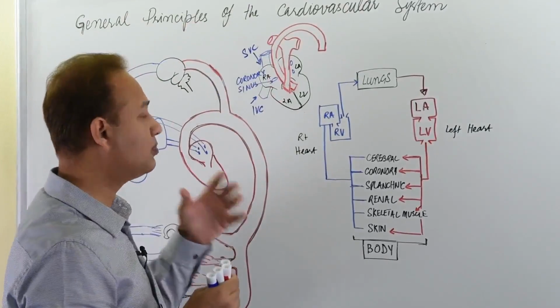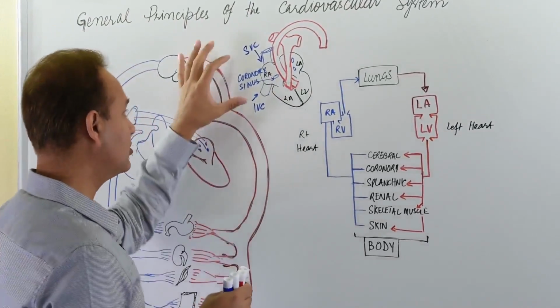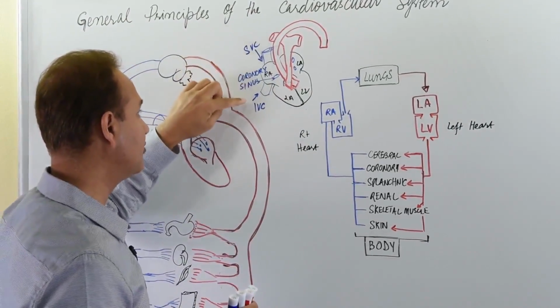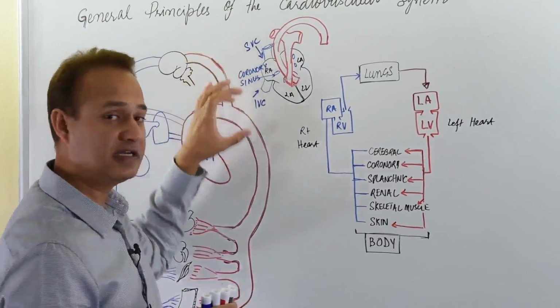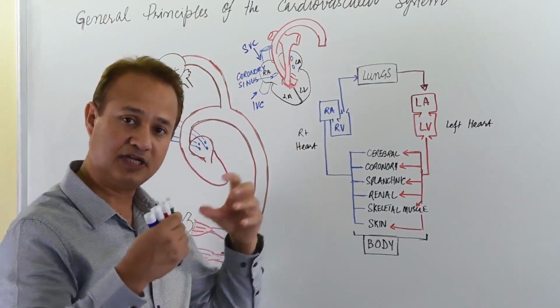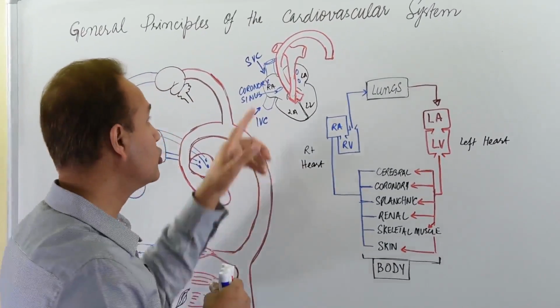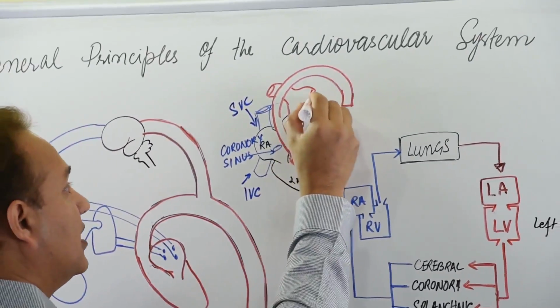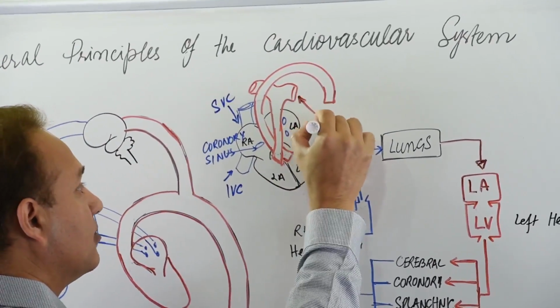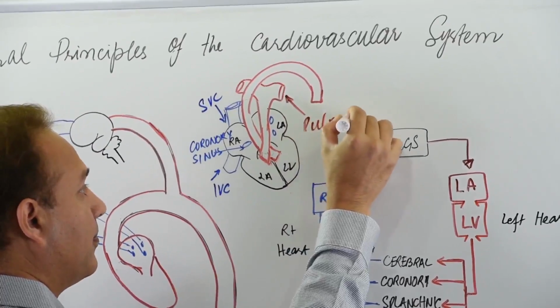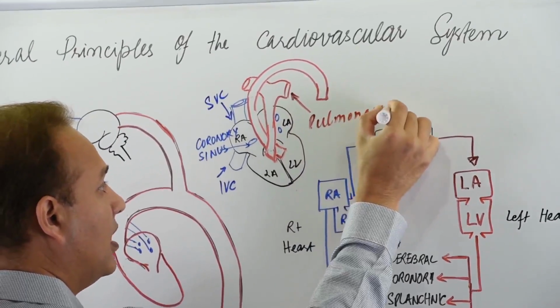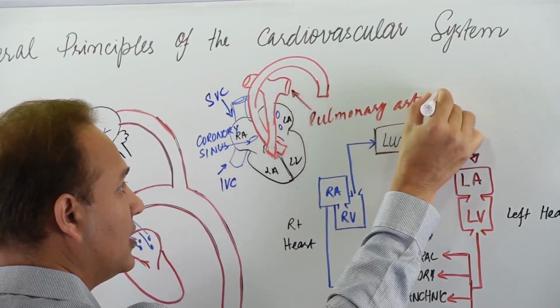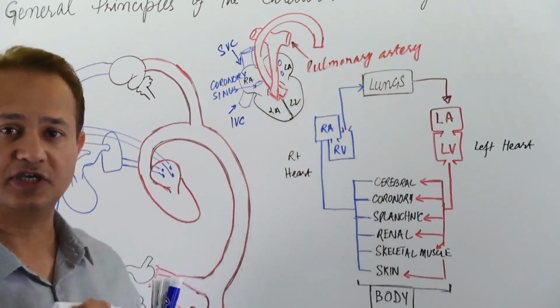So when the heart is pumping the blood, the vessels on the right side are the superior vena cava, inferior vena cava, and the coronary sinus. They bring the blood that is pumped out through the pulmonary artery. So here is a quick definition of artery.